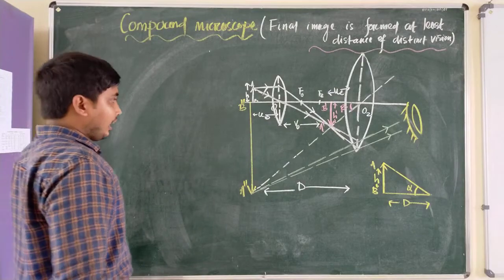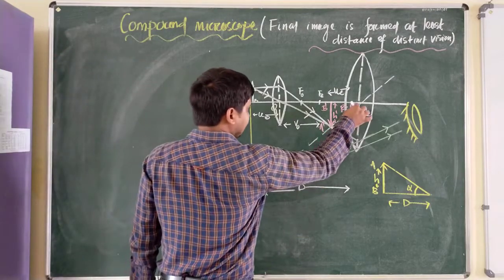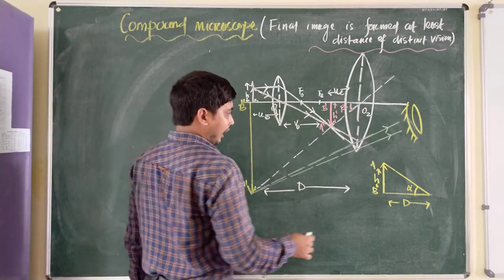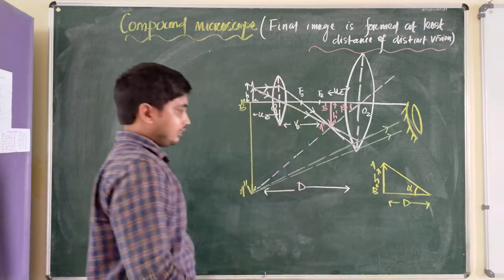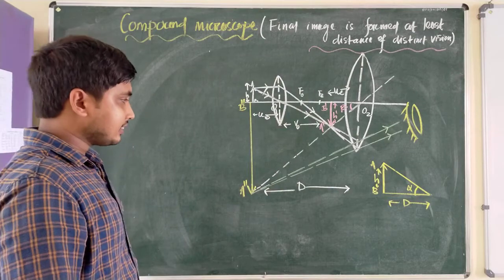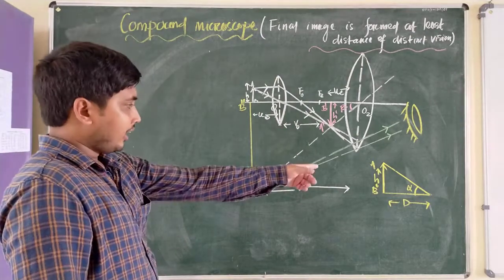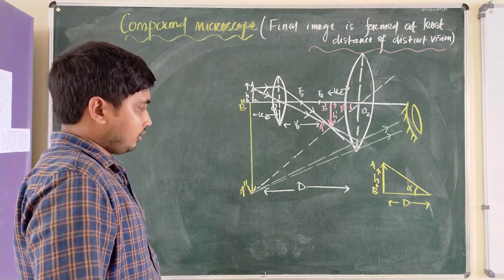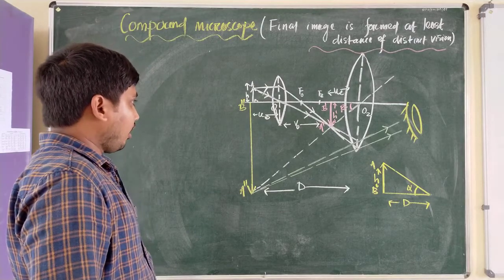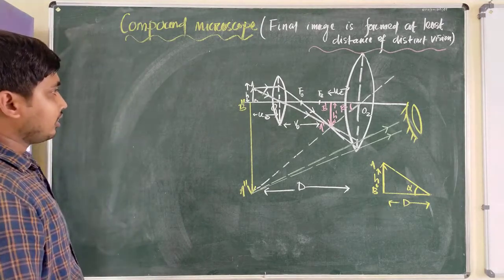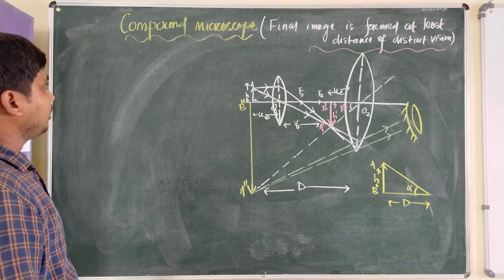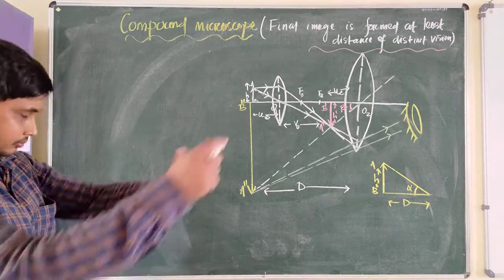You can see that this angle is beta, and in another diagram I have drawn, when the object AB is placed at the least distance of distinct vision, the angle created at the eye is our alpha. So now let us go for the magnification of this compound microscope.